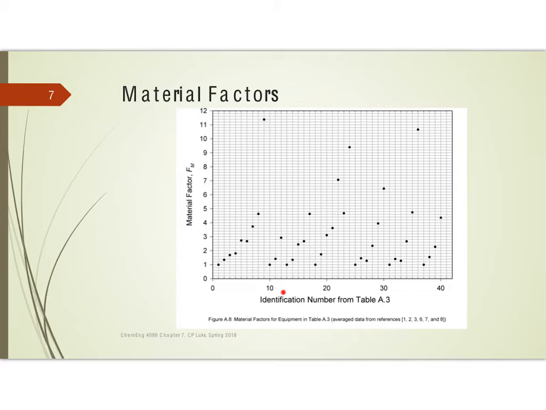And item 10 based out of carbon steel would be this, maybe made out of stainless steel might be this, made out of titanium might be this. In any case, we're going to look in the table to find the ID number for our equipment with that material, and then we'll read over here to find out what the materials factor is.